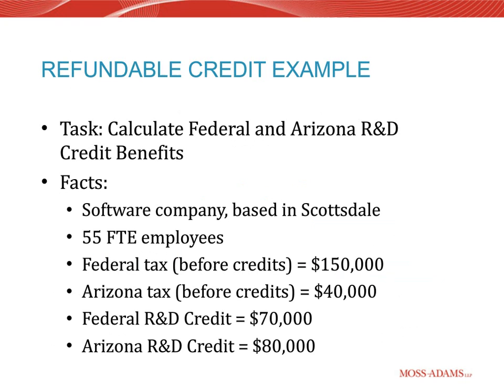All right, so federal tax savings. So how would this company actually see the benefit here? So the original federal tax of $150,000 would be reduced to $80,000 by applying that $70,000 of federal credit.